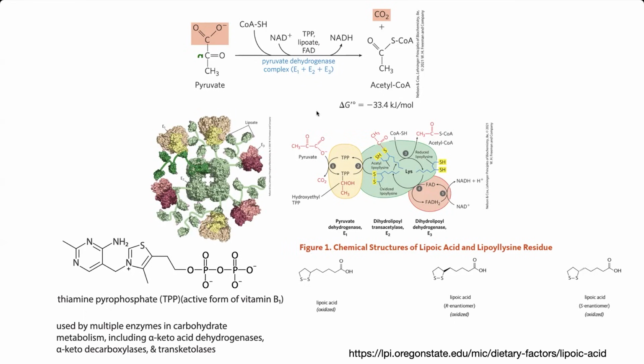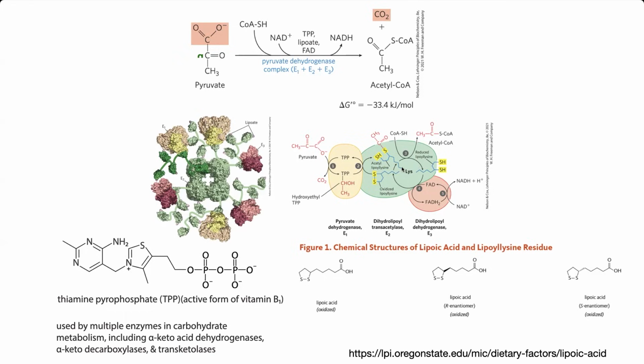And so what happens is that first the alpha-keto acid gets decarboxylated. In place of the carboxylic group that it lost, it gets linked onto this TPP, and then it gets passed on to the lipoic acid that's bound to this enzyme.